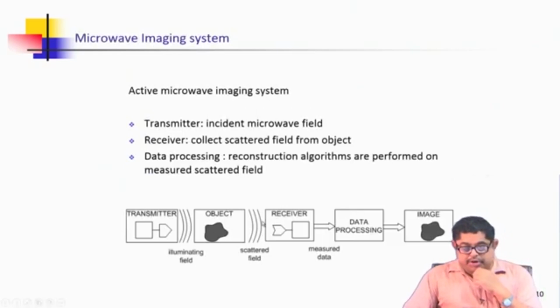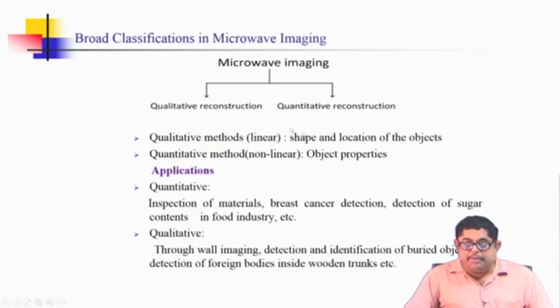So, this is a block diagram of an imaging system. The transmitter is there, the object comes in, then there are scattered fields, the receiver receives that, processes the data, and gives you the image. Now, microwave imaging can broadly be divided into qualitative and quantitative reconstruction of the image. The qualitative method means you get the shape and location of the object, but not the pixel-wise distribution of epsilon, mu and sigma inside the object.